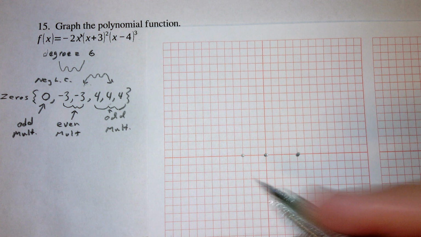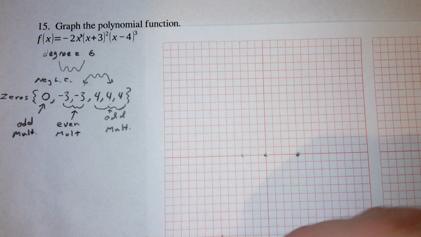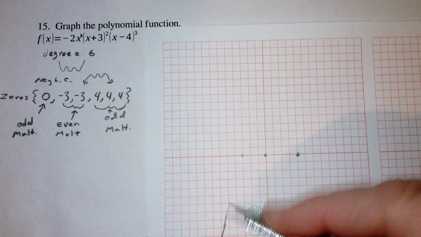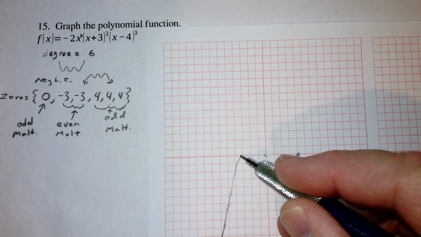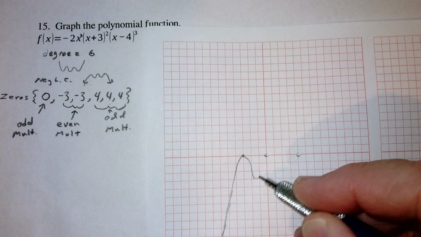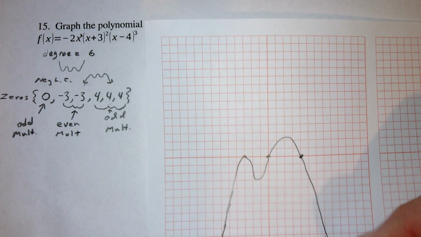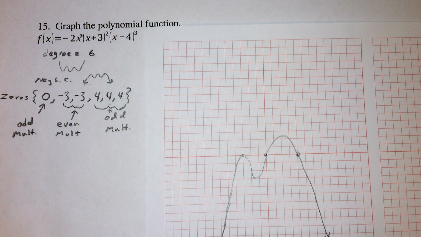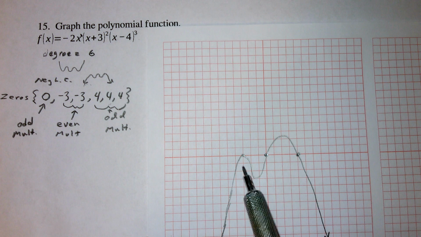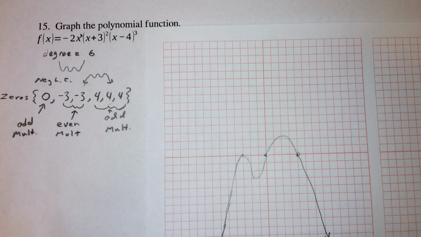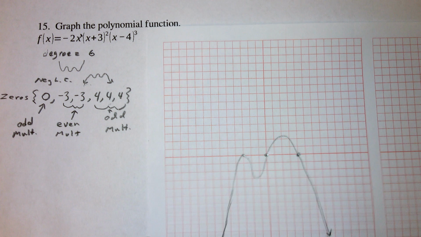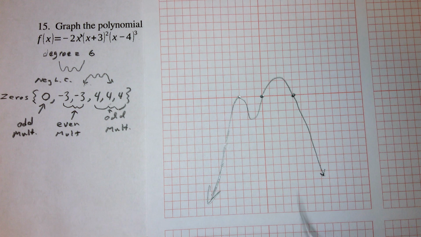So let's just go ahead and draw this. I'm going to start way down low. I'm going to bounce. I'm not going to worry about how far this goes down. I'm not going to worry about how far that goes up. All I'm going to worry about is whether I bounce or go through, and whether my end behavior is down and down. And if you get all those things, then that is all you have to do on this problem.